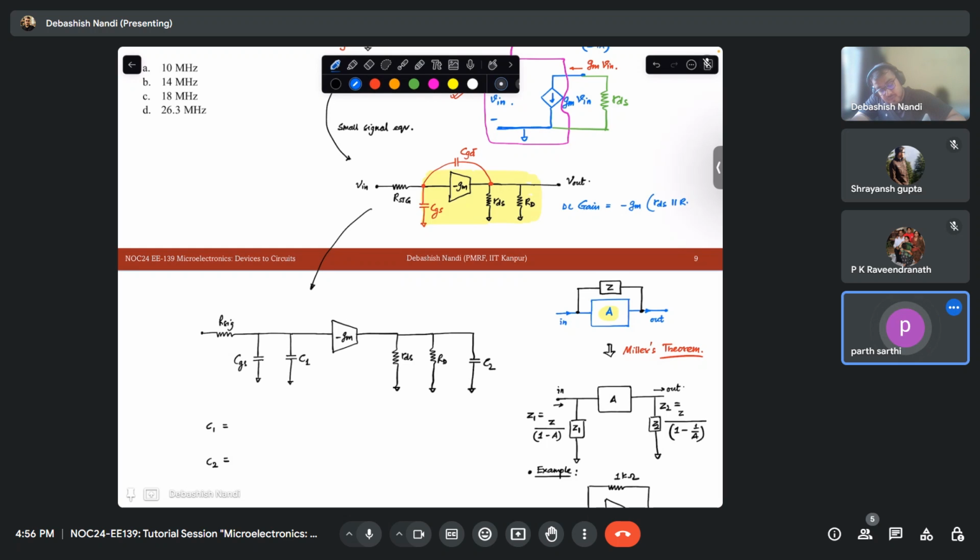RD parallel R is RDS. So from this circuit, can you see this is your what?